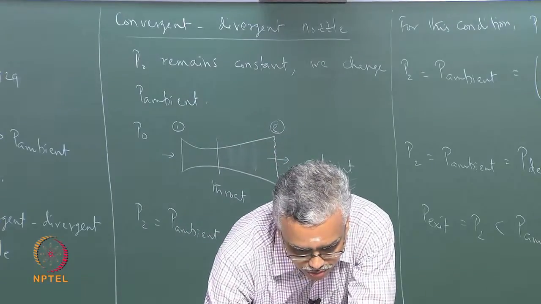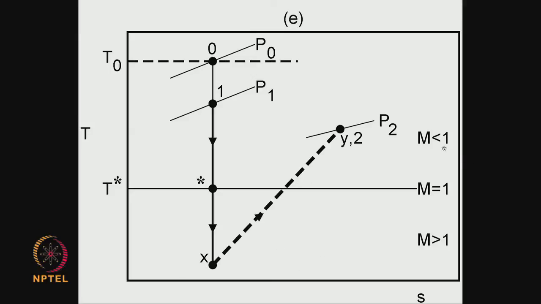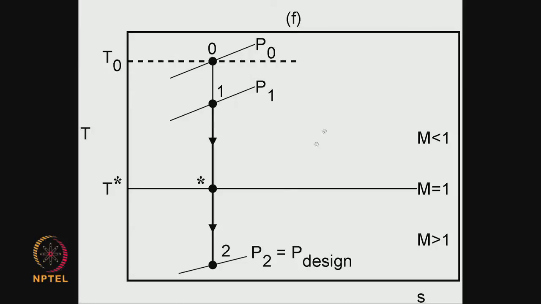If you go to this situation, notice that when the shock stands at the exit, this is my exit pressure, which is also equal to the ambient pressure because the flow is subsonic. So I lower my ambient pressure just a little bit from here. When I do that, the flow becomes something like this. The P ambient isobar is still over there, whereas the exit pressure now is over here.